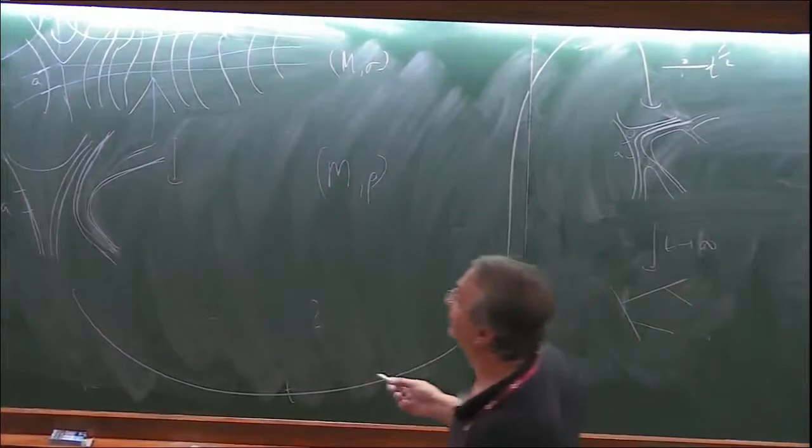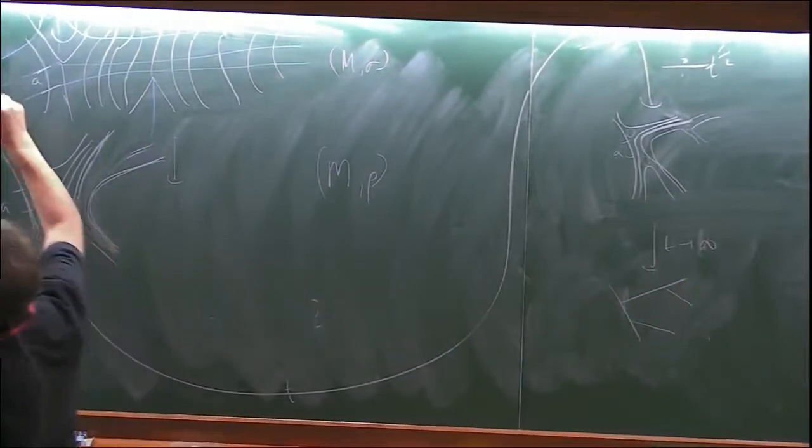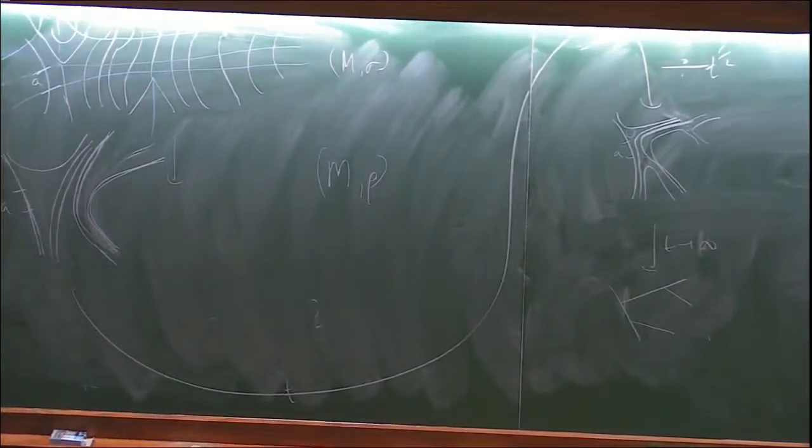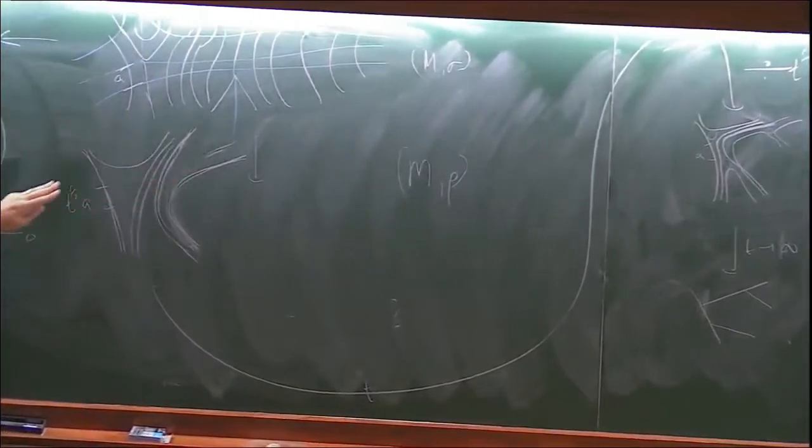On the other hand, this leaf space, if I just collapse in the blue directions, in the vertical directions, if I look at that harmonic map that just went z goes to x, I get something tree-like.